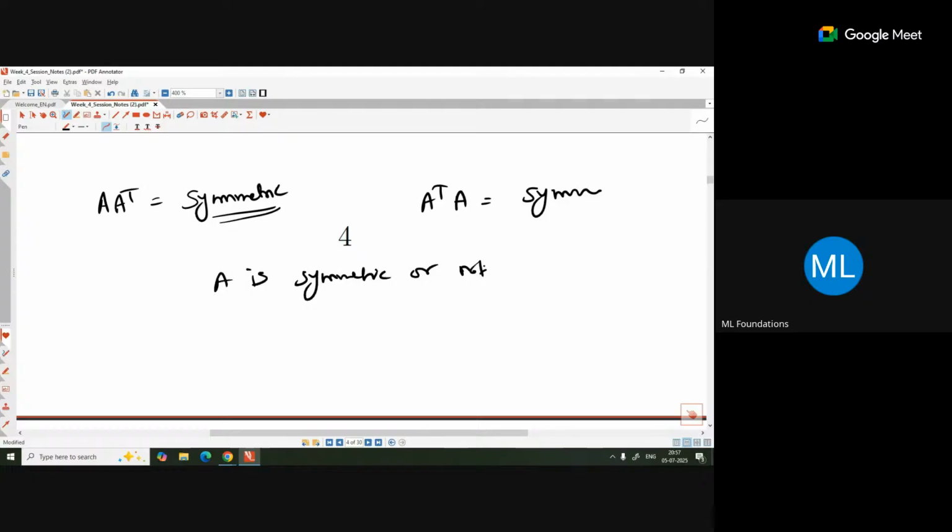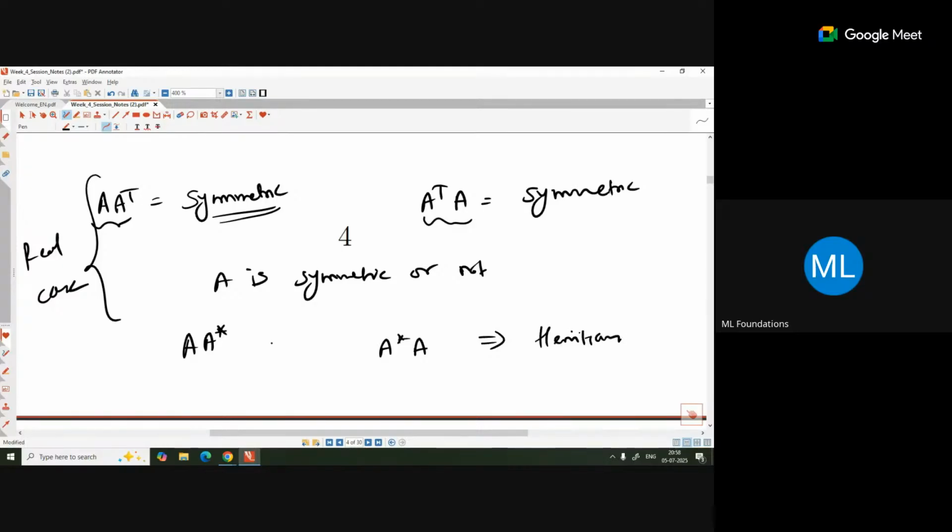If my A is not symmetric, A transpose A will always be symmetric. Similarly, for the complex case, A star A should be Hermitian.